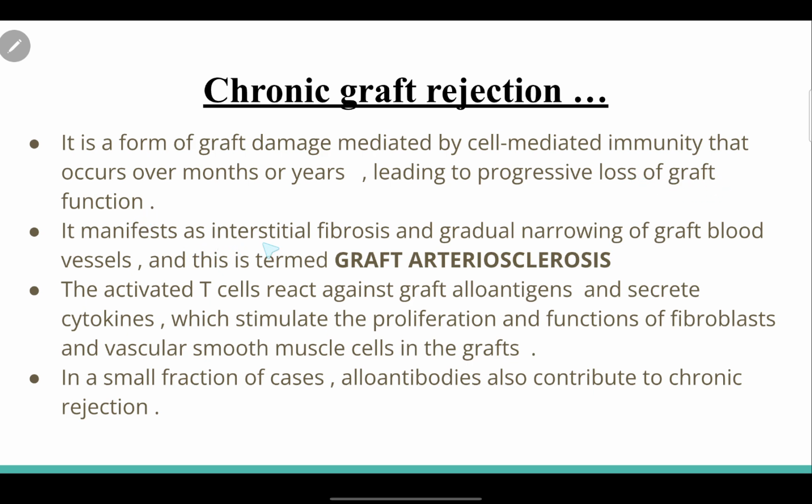It manifests as interstitial fibrosis and gradual narrowing of graft blood vessels, and this is termed graft atherosclerosis. The activated T cells react against graft alloantigens and secrete cytokines, which stimulate the proliferation and function of fibroblasts and vascular smooth muscle cells in the graft. In a small fraction of cases, alloantibodies also contribute to chronic rejection.